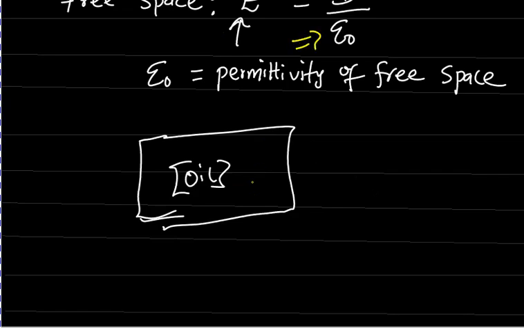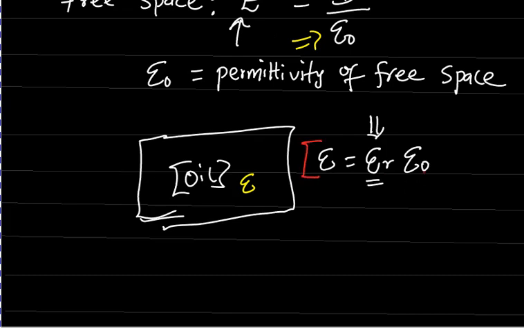We measure the actual permittivity, and the actual permittivity of other materials except air is given as relative permittivity, which is a constant for different materials. Oil has its own, paper has its own. Every material has its relative permittivity, multiplied by the absolute permittivity or permittivity of free space. So this is the relationship.